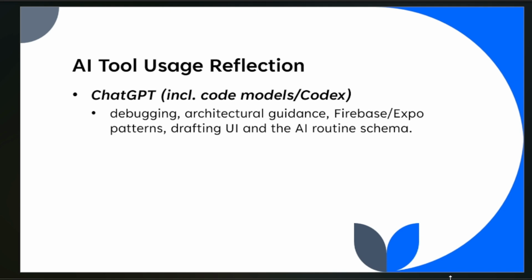AI tool usage reflection. I use ChatGPT, Codex models. I used it for debugging, architect guidance, Firebase and Expo patterns, drafting UI components, and AI routine schema for the generative AI.